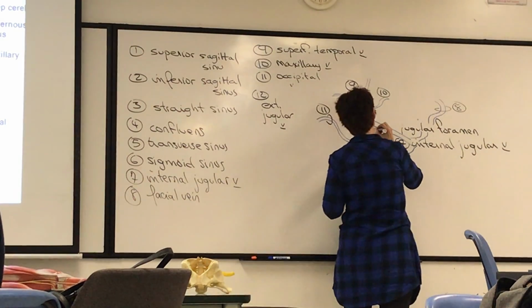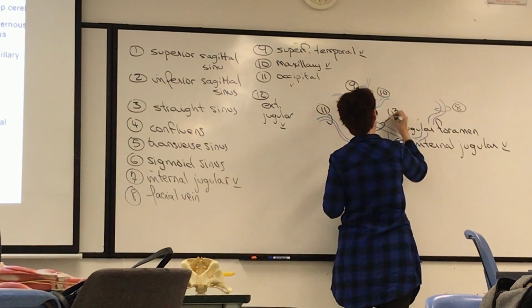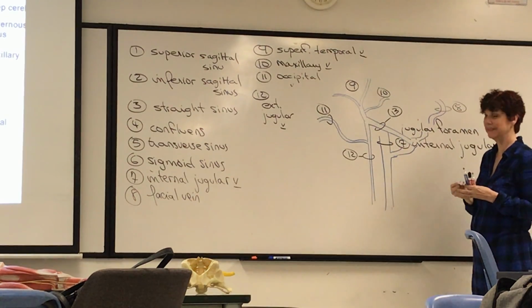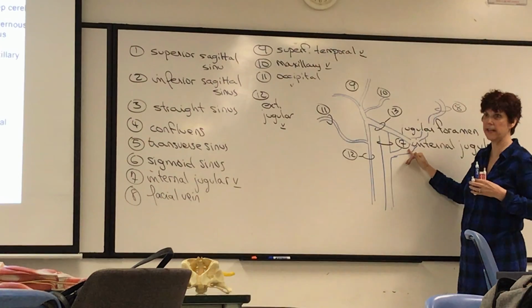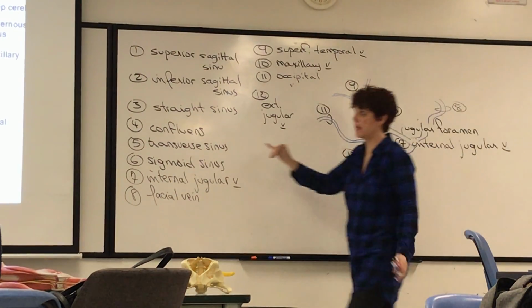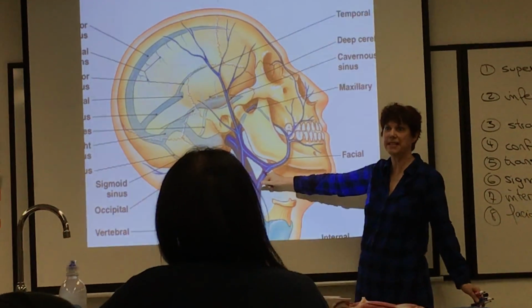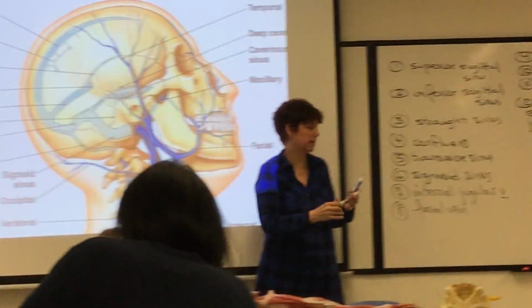And then 13 is a retromandibular that forms this connection between external and internal jugular via the facial. That would be this one right here. Retromandibular, behind the mandible.